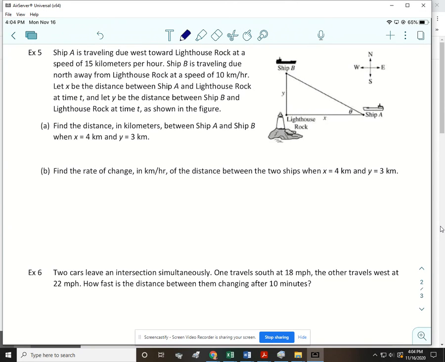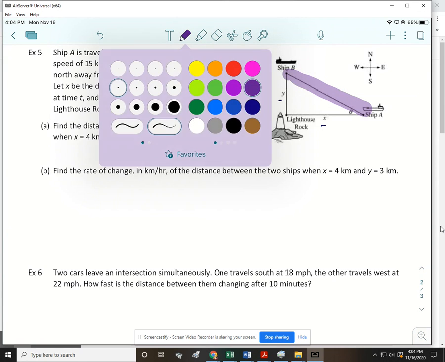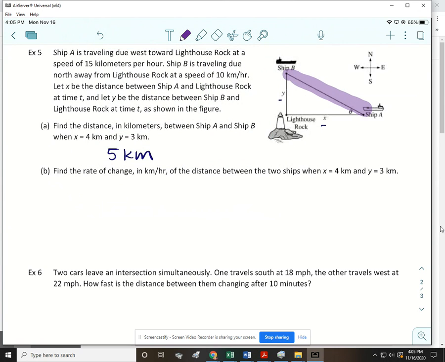So part A asks us to find the distance in kilometers between ship A and ship B when x is 4 and y is 3. So we're looking for this distance right here when we have 3 and 4. So that obviously is 5 kilometers, just using the Pythagorean Theorem. Okay, then we want to find the rate of change in kilometers per hour of the distance between the two ships when x is 4 and y is 3.